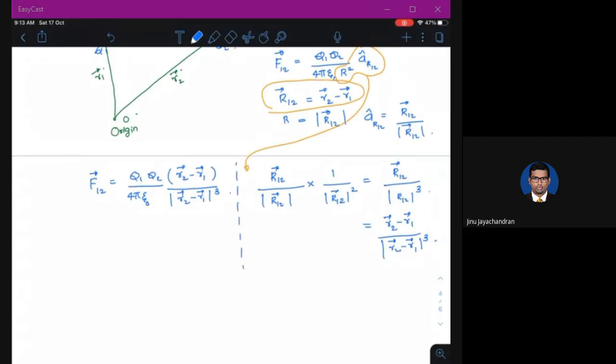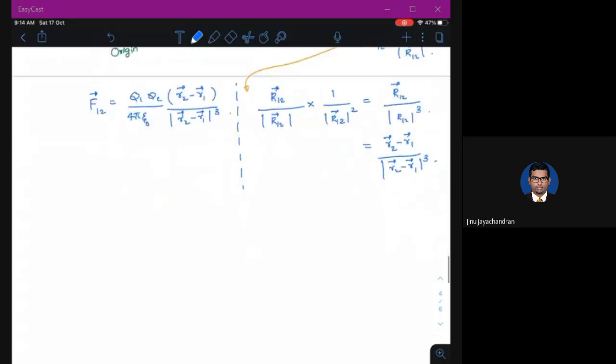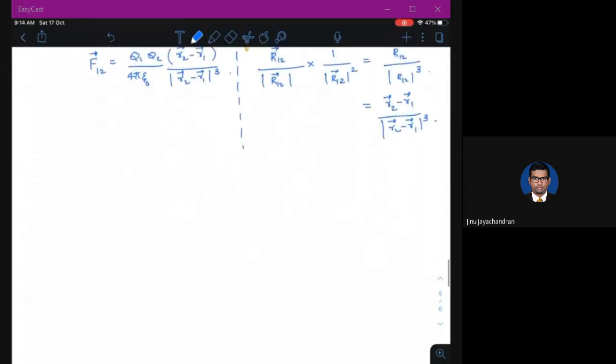So you can represent the force in terms of the position vectors of the charges and the distance between the charges. Basically, if you subtract the position vectors and take the magnitude, you will get the distance, and this is how you can get the force.